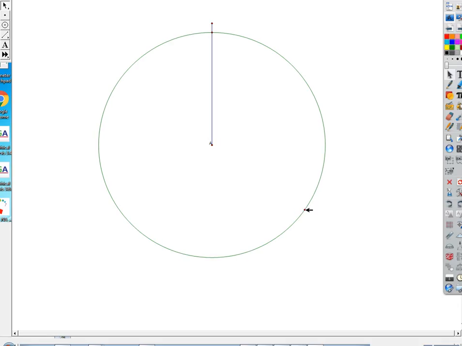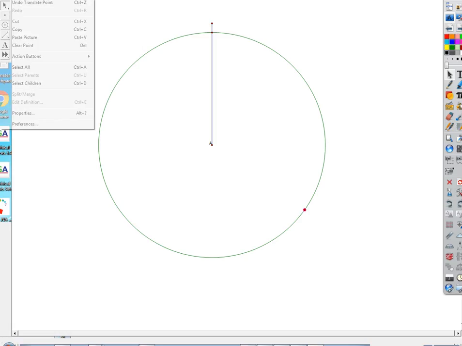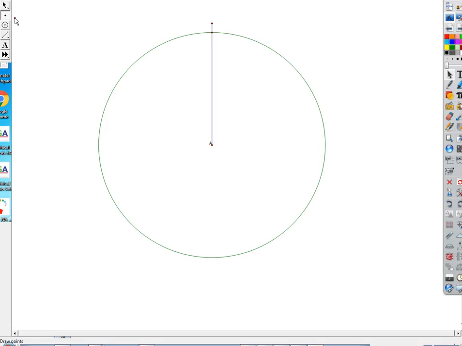I'm going to make that one disappear, because I'll screw things up if I don't. So hide point. Okay, now I'm just going to create another point that's on this circle, right? And so that's a point that I can drag around. It's just constrained to be on the circle, okay? So I want to then create a horizontal line through that point.